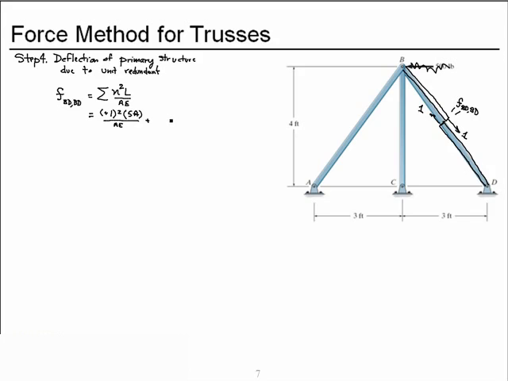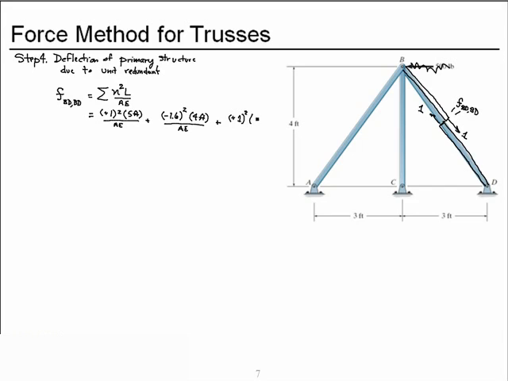Member BC had a -1.6 normal force. We'll square that times 4 feet over AE. And then member BD was a +1.